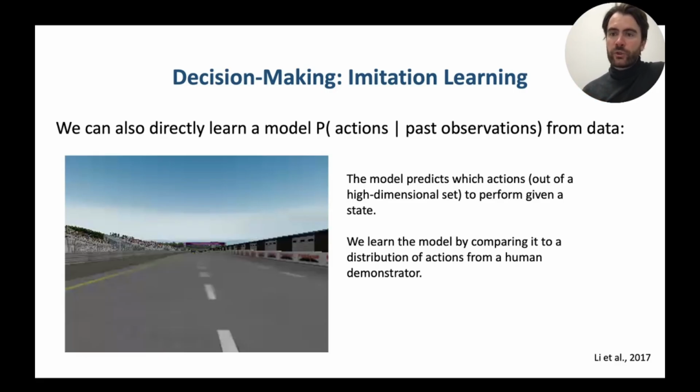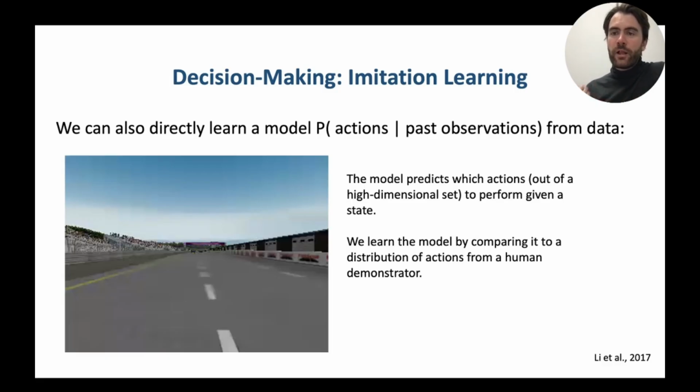For example, if I'm trying to learn how to drive a car or fly a helicopter, I ask an expert to drive the car or fly the helicopter for me for a very long time, and the actions of the expert correspond to my data set. Imitation learning tries to build an automated intelligent agent that emulates the behavior of the expert.